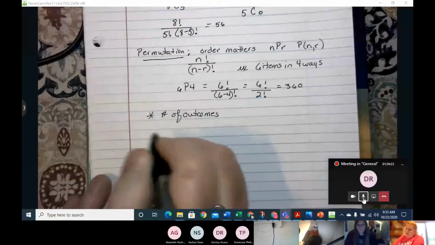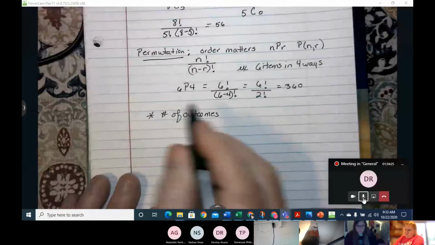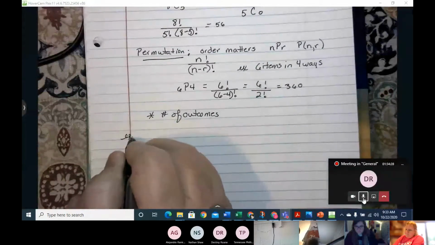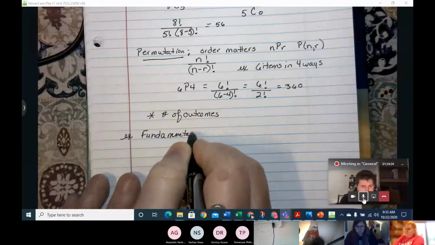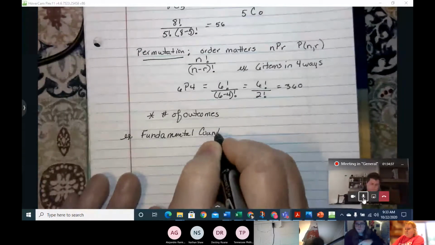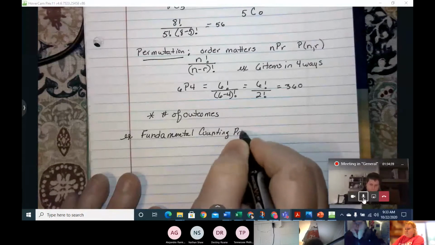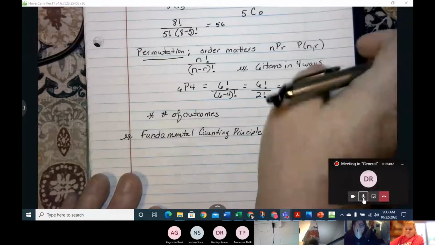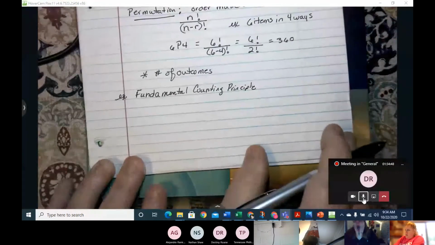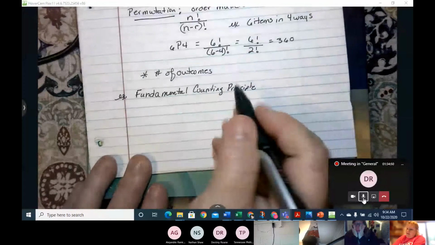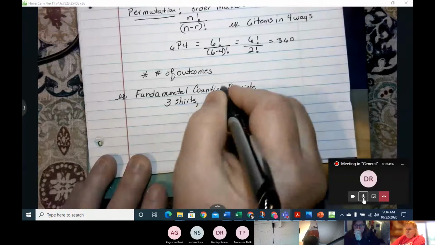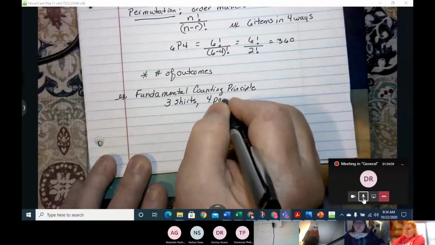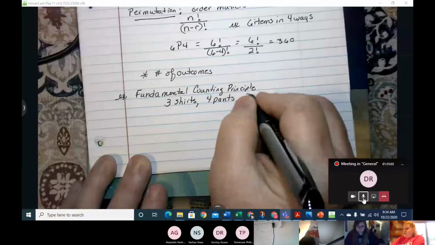Now, let's look at an example with the fundamental counting principle. This particular kind of problem is used when you might have an example problem that says we have 3 shirts, we have 4 pair of pants, we have 2 ties.